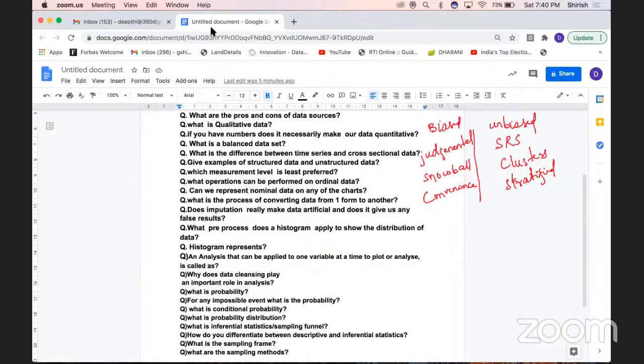When you talk about judgmental, from the name itself you will understand that only on the basis of the researcher's knowledge, you would take the judgment to pick that particular sample, because it is biased, right? He knows it. And whatever results you get with this sampling are very accurate, with a very minimal margin of error.